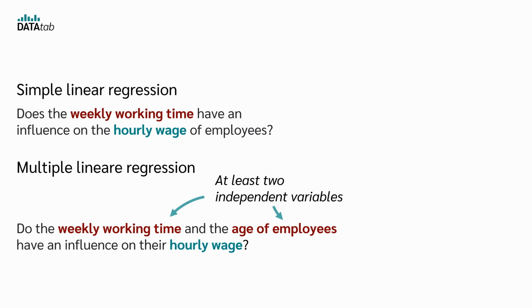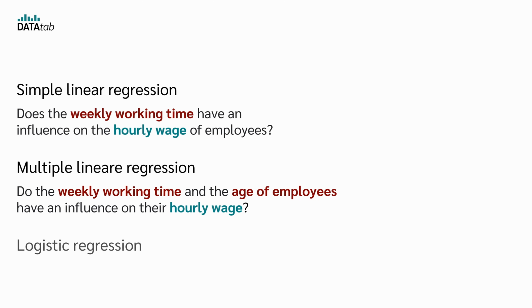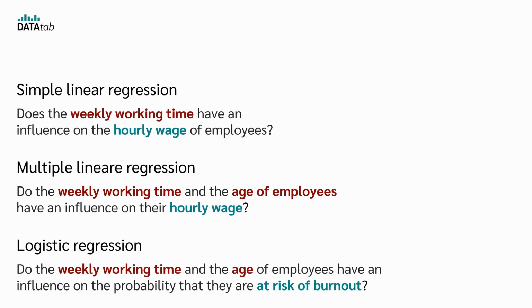Here we have at least two independent variables, in this case weekly working hours and age. And the last case, logistic regression. Do the weekly working hours and the age of employees have an influence on the probability that they are at risk of burnout, where burnout at risk has the categories yes or no?